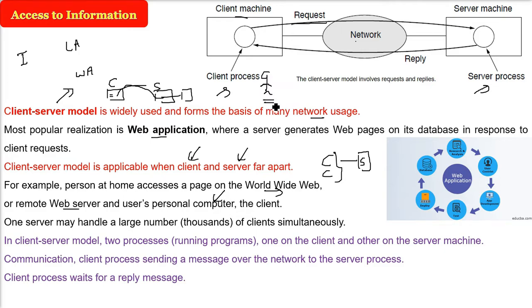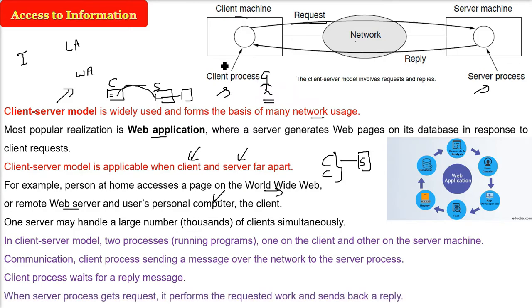The server, whenever it gets the message, will reply to the request from the client. The reply will be sent back to the client. So this is how the communication works. Client requests, server responds.